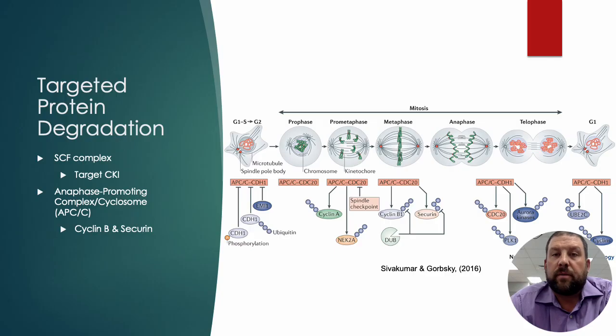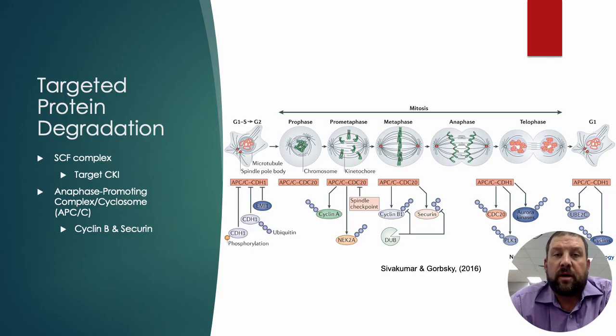Later in the cycle, during mitosis, the cell relies on the APC/C. This is another ubiquitin ligase that plays a key role in the metaphase to anaphase transition. APC/C marks certain proteins for degradation, and by doing this, it helps trigger chromosome separation.